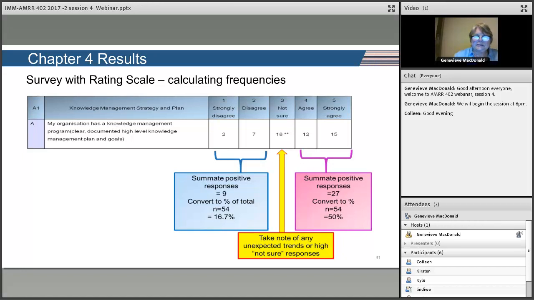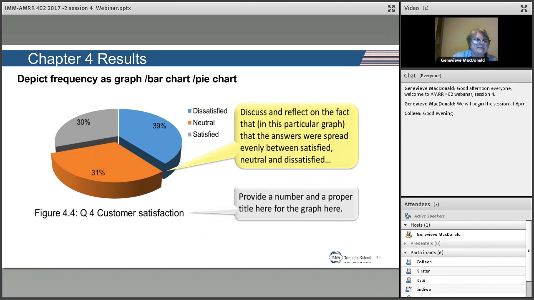But now look at the number of not sures, and the question is, was this program, this ability to document high-level plans and goals, not communicated properly? Do all people not have access to that? So that is the type of questions you would ask if you see such a high neutral frequency there.